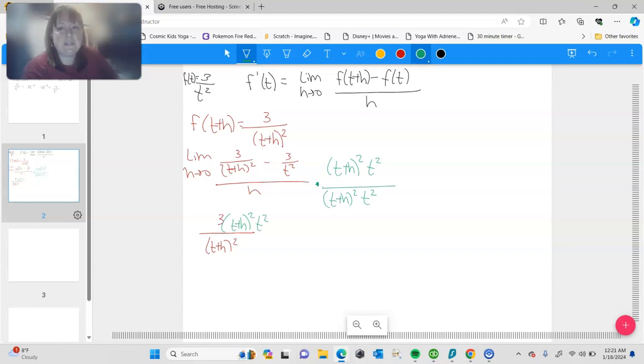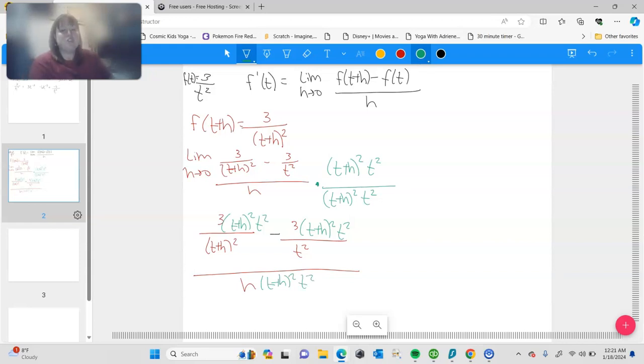Sorry, my tablet decided not to work tonight, and so I'm having to do it a different way, and it is not nearly as neat and pretty, but that's okay. So we had this one. This was our second term, right? And then we multiply it by t plus h squared, t squared, right? So all I did is take this, multiply it by this and that, and then this is going to be all over h times t plus h squared, t squared.